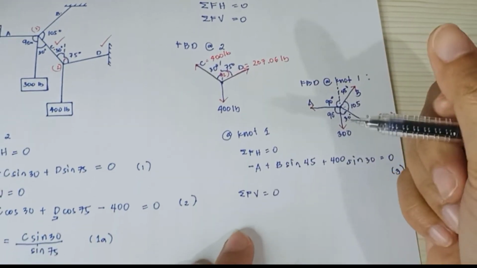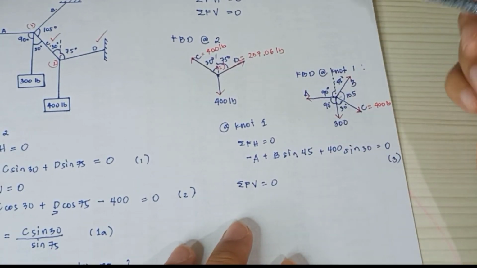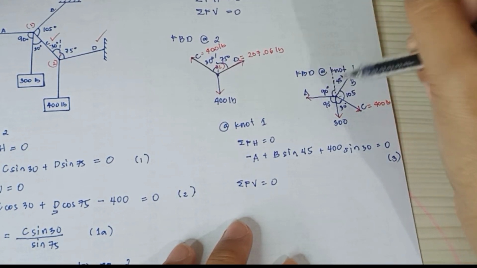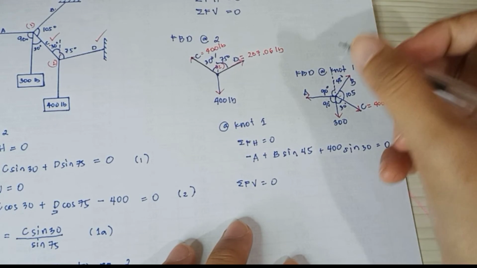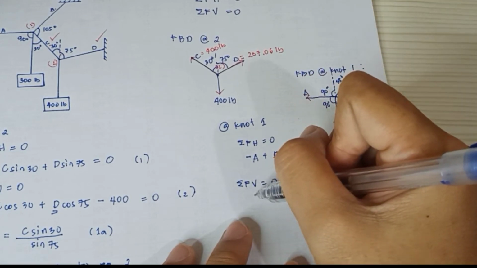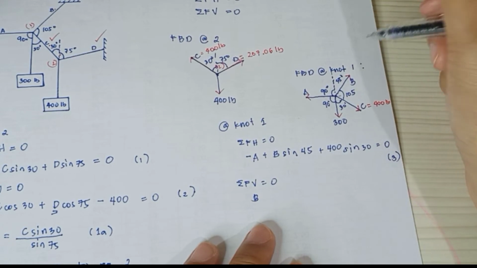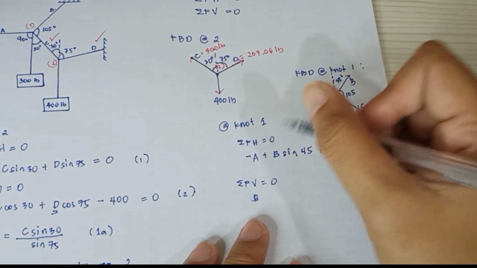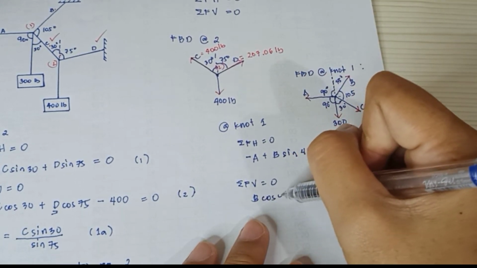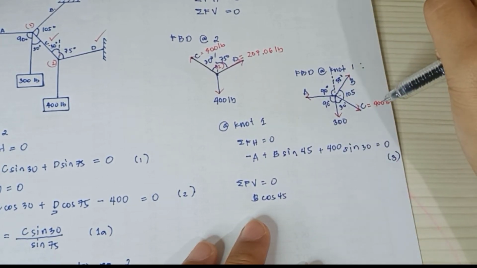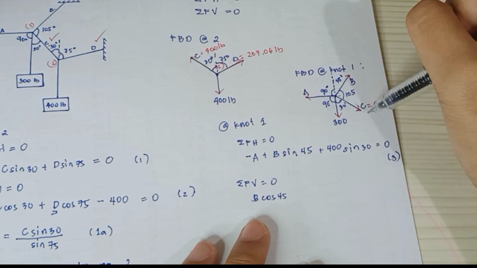Vertical is equal to 0. Starting from B, since walang vertical component ang A, maging 0 na siya. So, from B, that is positive since upward, and the angle will be cosine 45, and then tong 400 dito ay downward siya.